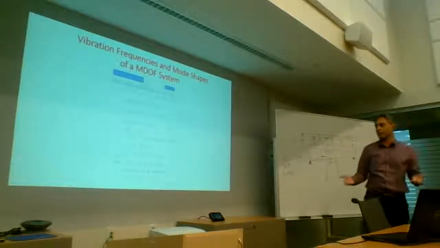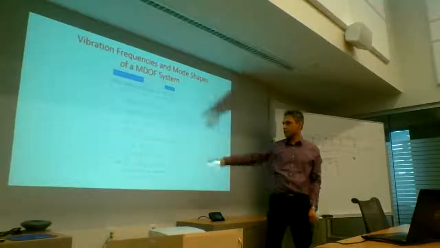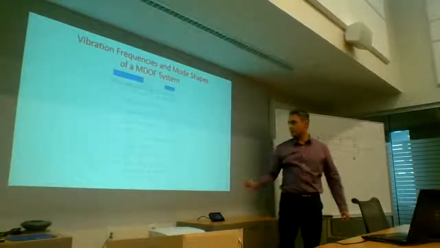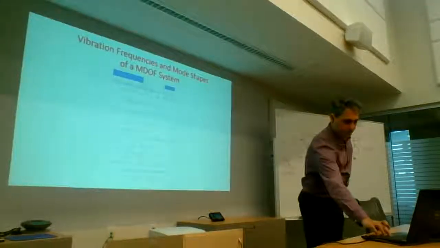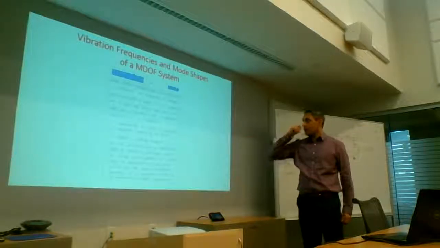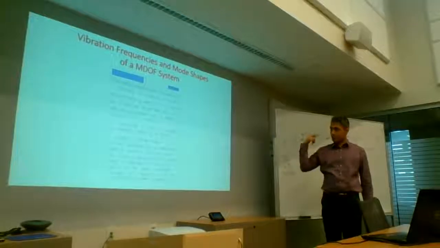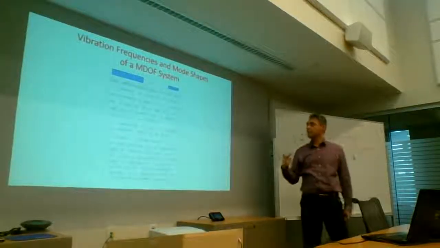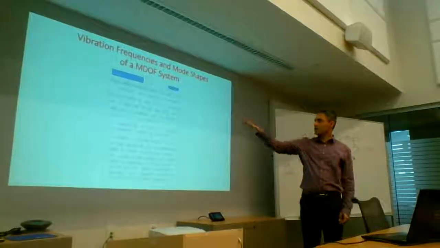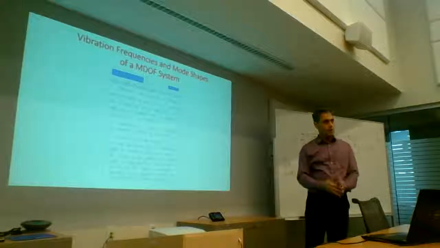Obviously we're looking at a case where there has to be motion happening. A non-trivial solution, because this is homogeneous, is if the determinant of that matrix is equal to 0. When you solve that equation, it leads to a polynomial of order n in omega n squared, and the square of the n real roots. That equation 7 is the characteristic or frequency equation of the system.